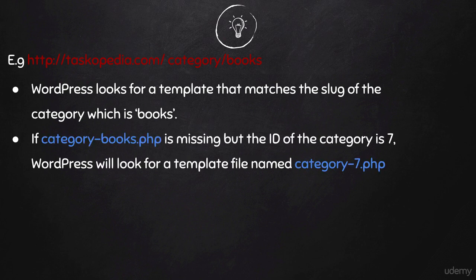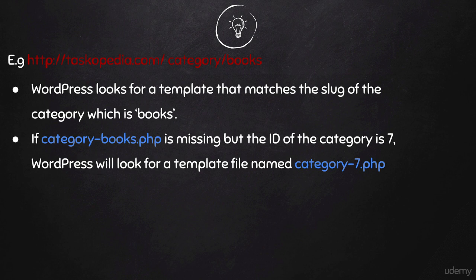Okay, if category-books.php is missing, WordPress will then use the ID. Let's just imagine that the ID in this case is 7. WordPress will then look for a template file named category-7.php. Okay, so we can now see the hierarchy forming. First of all, it searches for category-books.php. That doesn't exist.